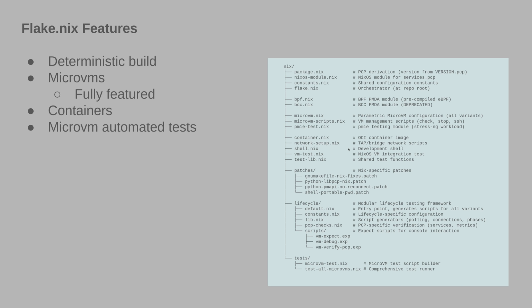So it checks that different PCP daemons are started, that sort of thing. Listening ports, that Grafana starts, and so on. So it's a repeatable way to validate that PCP was built correctly, the VM can start, and all the configuration inside there is working, and all the daemons are running.